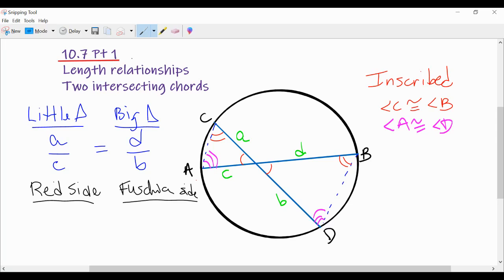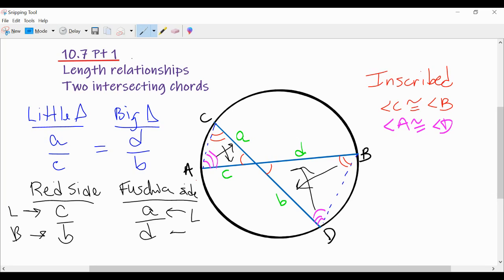All right, so the red side would be c over b, right? c over b. Now notice this is the little triangle and this is the big triangle, right? And the fuchsia side would be a over d, okay? So again, this is little and this is big.